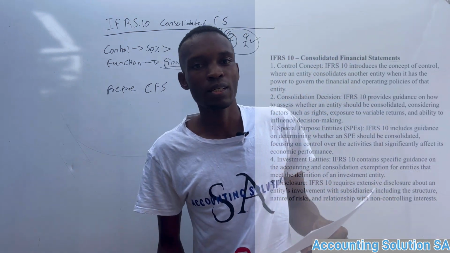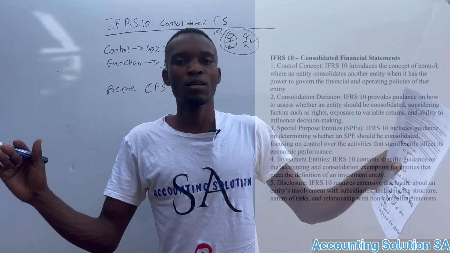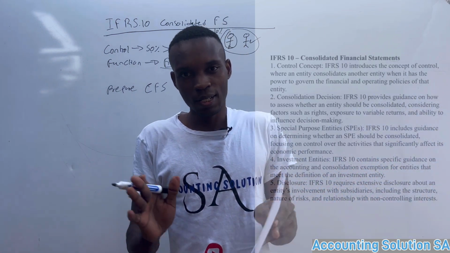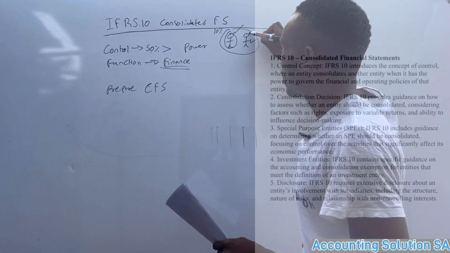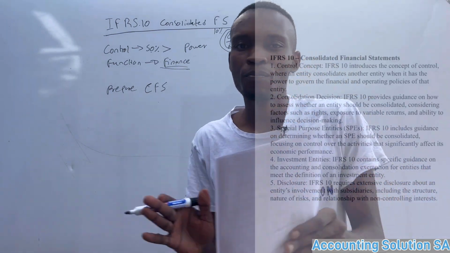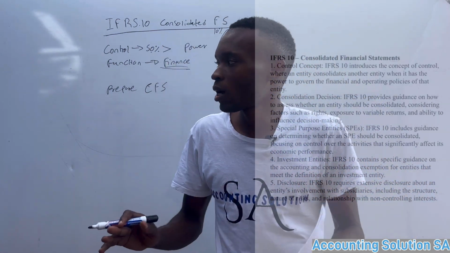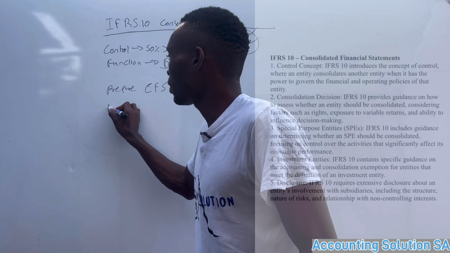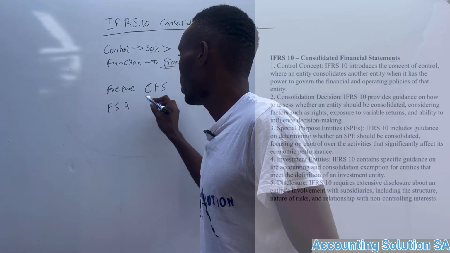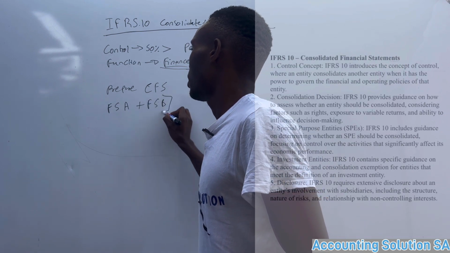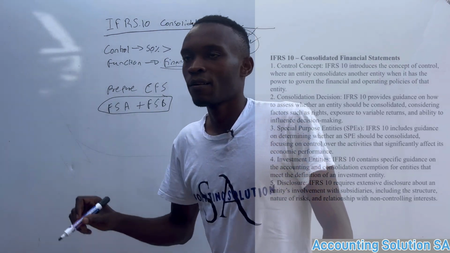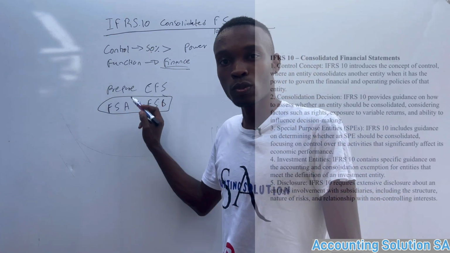Consolidated simply means a combination of two or more financial statements. In other words, we are taking the statements of this company and this company and combining them together. We have financial statement A, and now we are combining it with financial statement B. Simple as that. But firstly, identify who is going to do that.